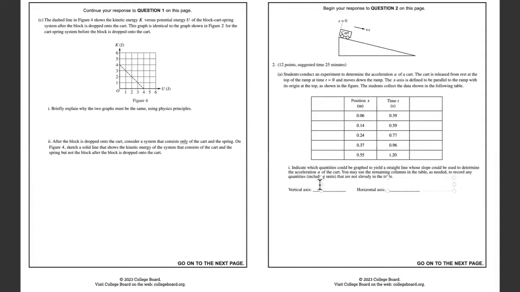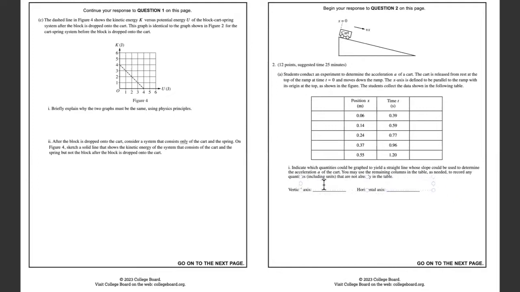So we're trying to determine the acceleration of a cart that was dropped from rest at the top of a ramp. Indicate which quantities could be used to graph a straight line so that you can get the acceleration. You may use any remaining columns as needed to record any quantities that are not already in the table. So what we actually have here is position and time.